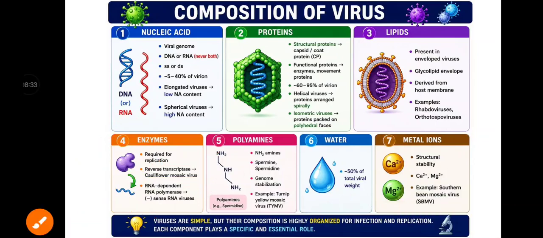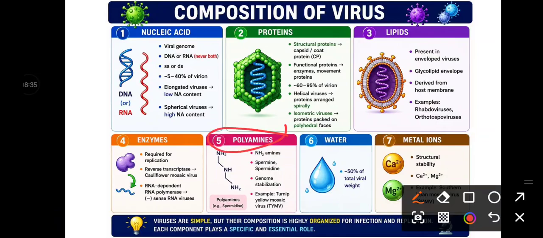Next most important thing is polyamines or amines. The examples are spermine, spermidine. These are helpful for genome stabilization. Only a few viruses contain polyamines. An example is turnip yellow mosaic virus, TYMV. Next major constituent of plant virus is water.